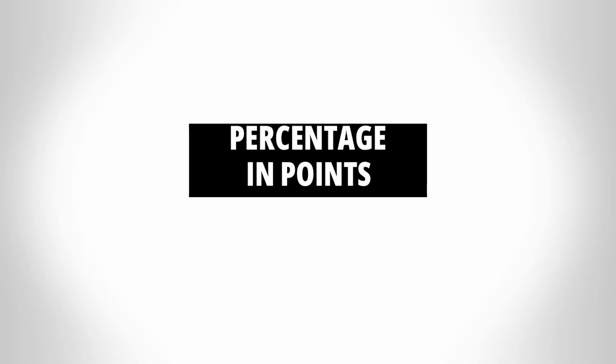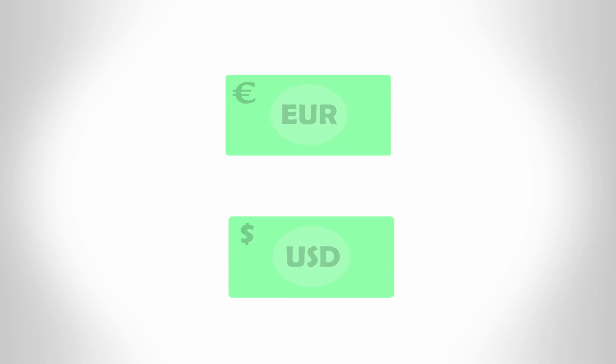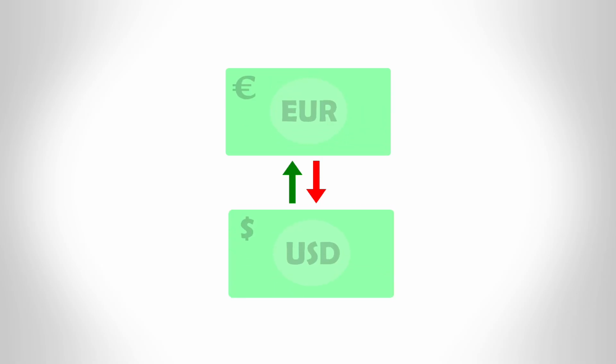Now, to really understand how spread works, you need to know what pip means. A pip stands for percentage in points or price interest points. It is the smallest price movement that a currency pair can make, usually 0.0001 for most pairs.